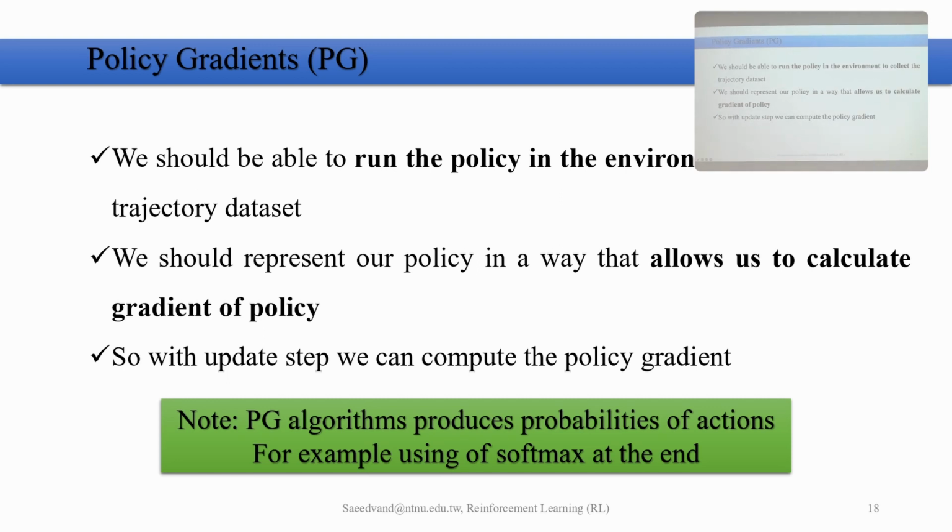So update the state, then we can calculate the policy gradient. But an important point is that the policy gradient algorithm produces probabilities of actions, for example, using softmax at the end. We also needed to know that in advance. I mentioned it before coming to this point. One is softmax.